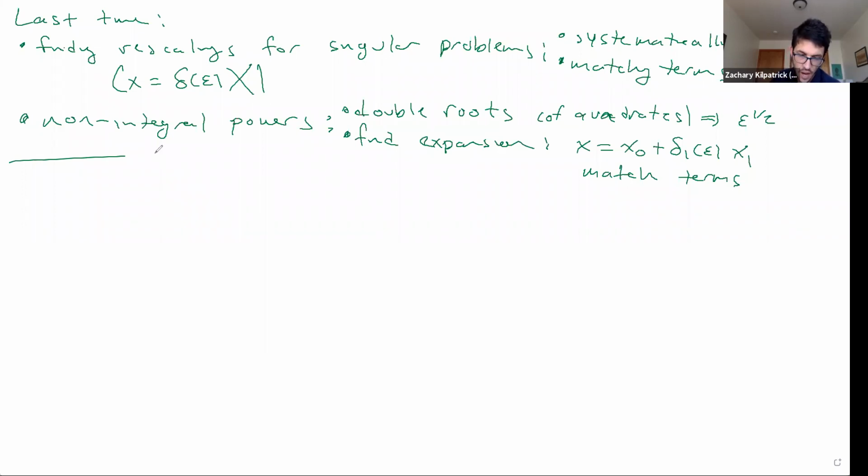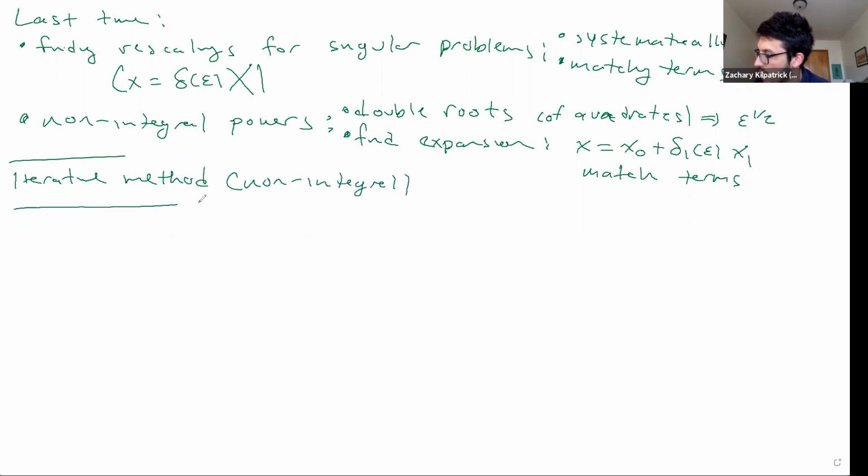Okay, so of course, we've talked about the expansion method before and the iterative method. So let's just talk a little bit about the iterative method for non-integral power series. In particular, we'll just keep building off our original example equation.